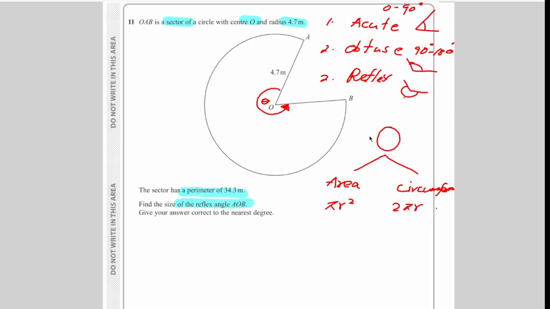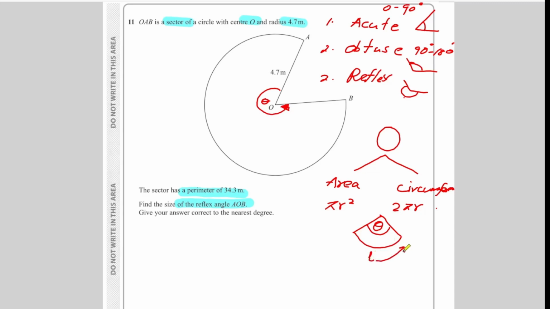Circumference means the length of the outer line. Area means the surface of the full circle. In the same way, if you are getting a sector, this is the sector, and this is the minor sector. You can get the outer line, which we call arc length.